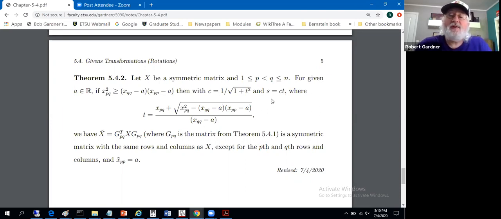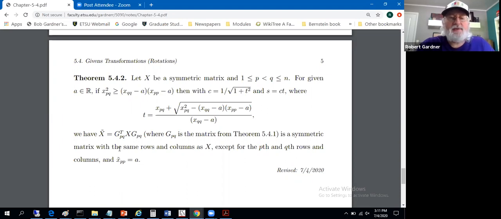So with this choice of C and S, where this is how t has been chosen, then we have x tilde equals g sub pq transpose x g sub pq, where g sub pq is the matrix that we had in the beginning, that Givens transformation. And the claim is x tilde is a symmetric matrix with the same rows and columns as x, except for the pth and qth rows and columns. And we have x sub pp tilde taking on the value a as desired.